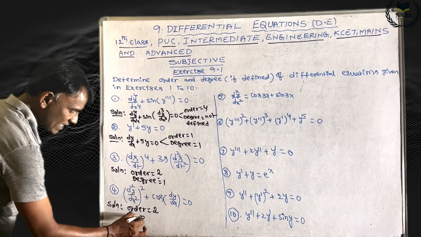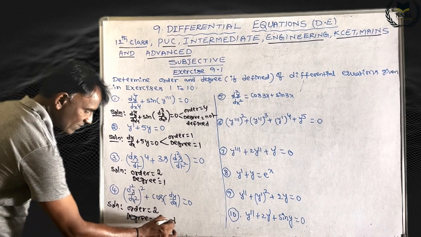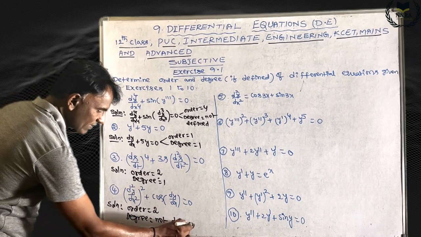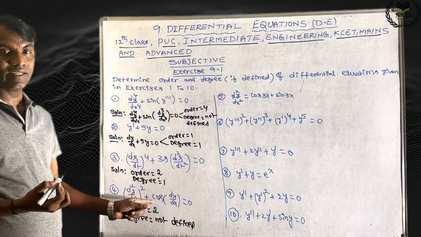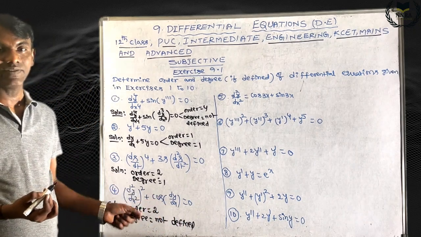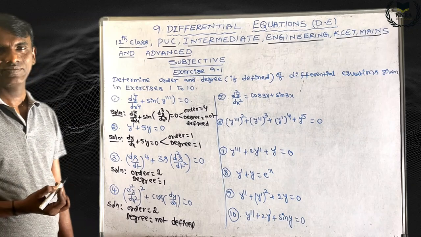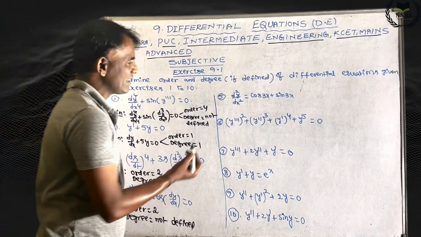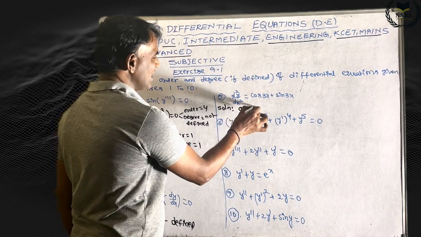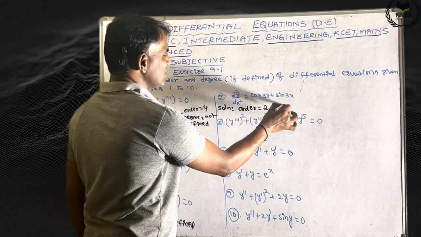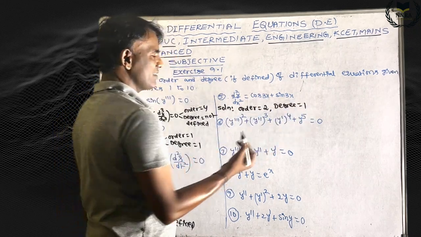But what is the degree here? Degree is not defined. Why is it not defined? Because dy by dx is inside of this trigonometric function, it is not a polynomial. Clear? And if you take question number 5, order equal to 2, degree equal to 1.